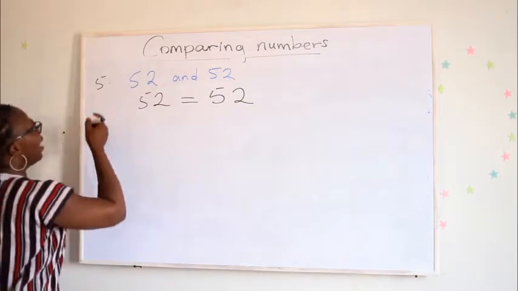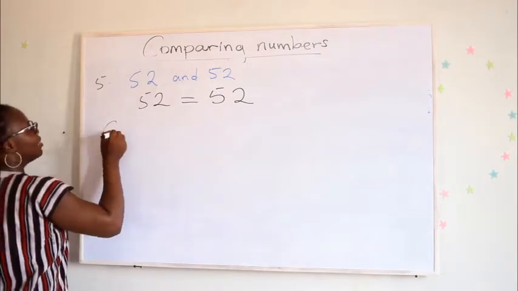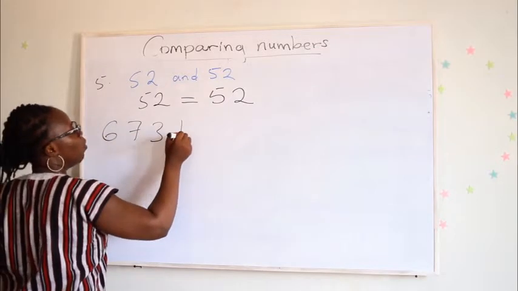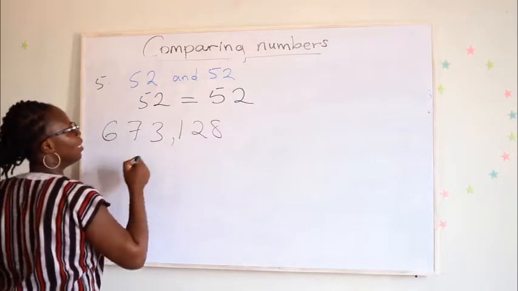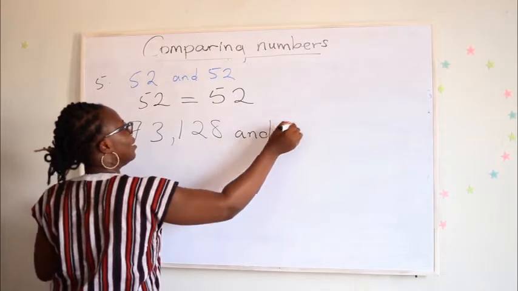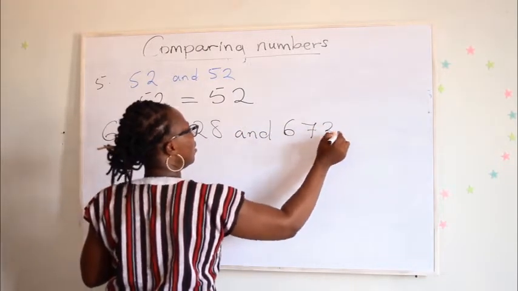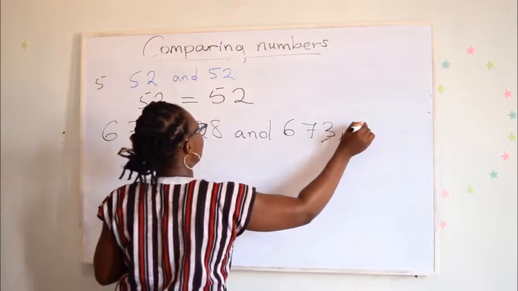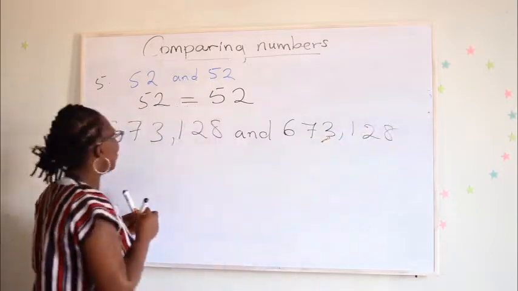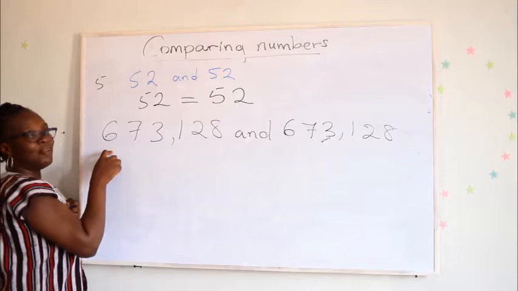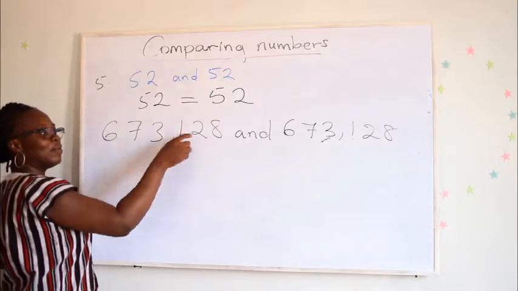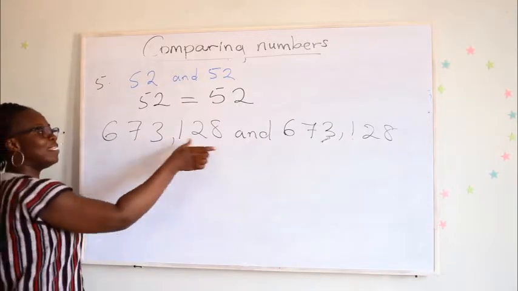Then if I have 6, 7, 3, 1, 2, 8 and 6, 7, 3, 1, 2, 8. So I have 673,128. You realize that they are what?